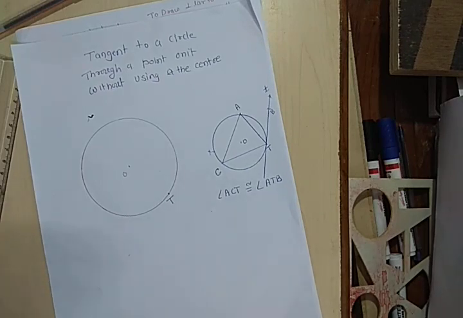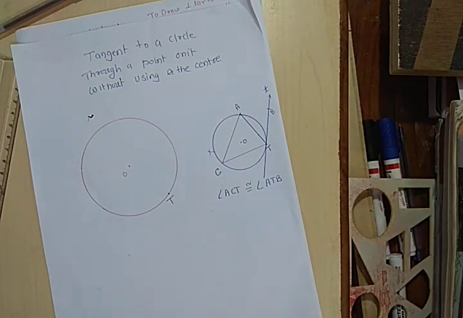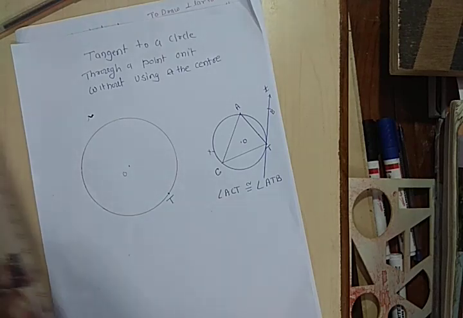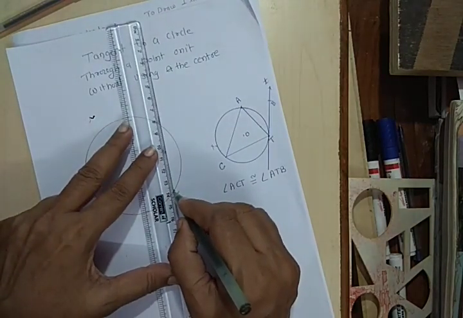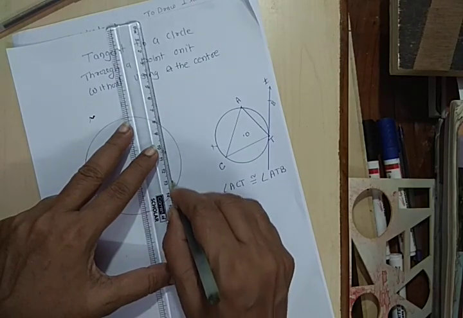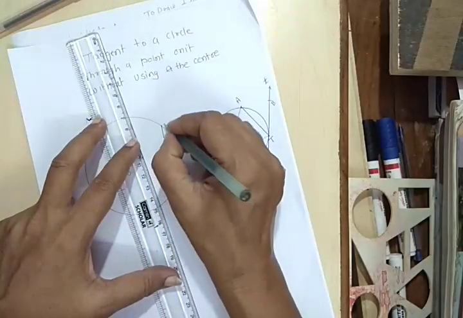So what are the steps of construction? The first step of construction is drawing the circle. Second step, select a point T and draw a chord TA. This can be drawn on any side.